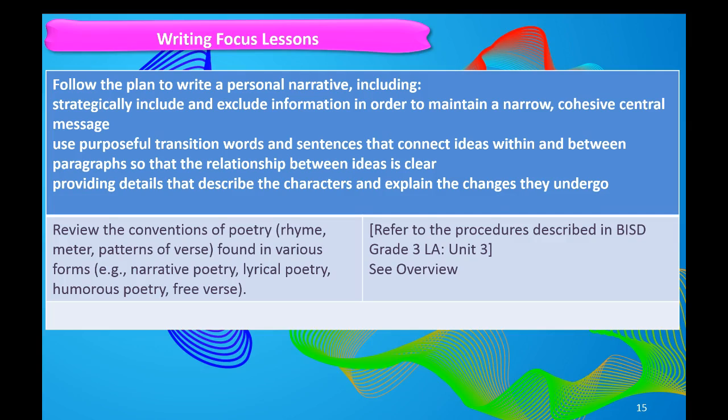What you would need to do there is take some of their writing, go through and look at how they're doing that, and revise and edit papers in front of them. Review the conventions of poetry found in various forms, and then refer to the procedures described in Grade 3, Unit 3, and look at the overview for those.